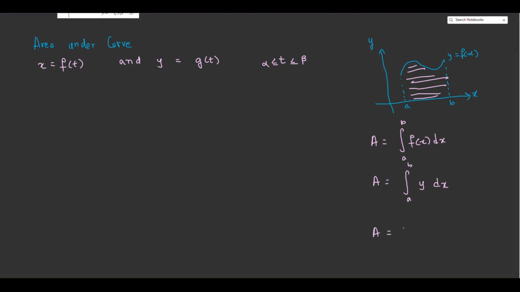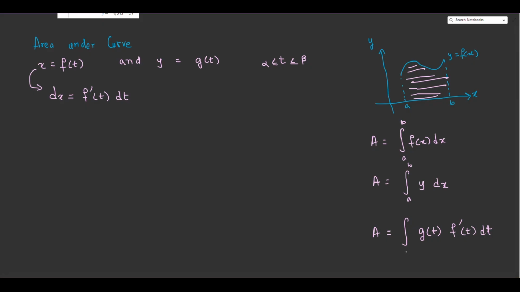In the place of y, we can write g of t, and in place of dx, remember x is our function, we can find its differential, which we know from calculus 1 can be written as f prime of t dt. F prime means the derivative of f. So we put f prime of t multiplied with dt here.